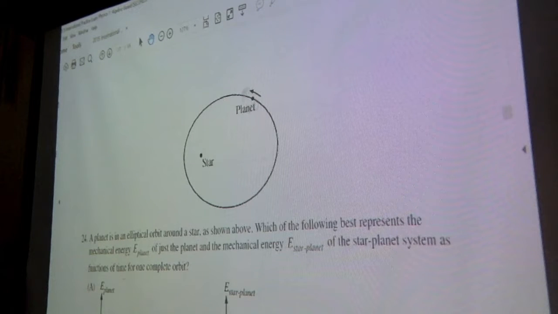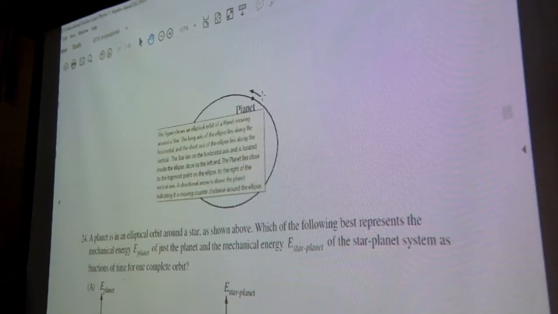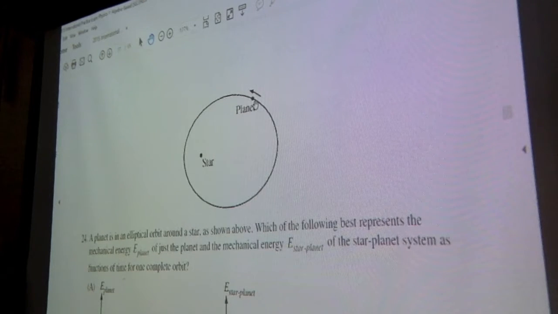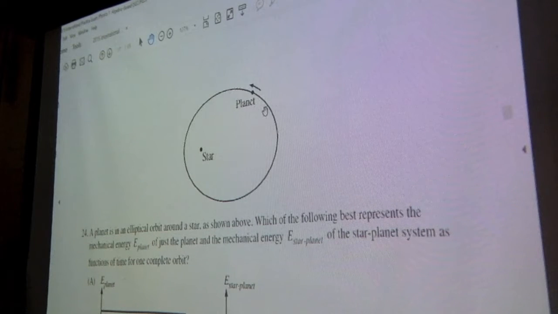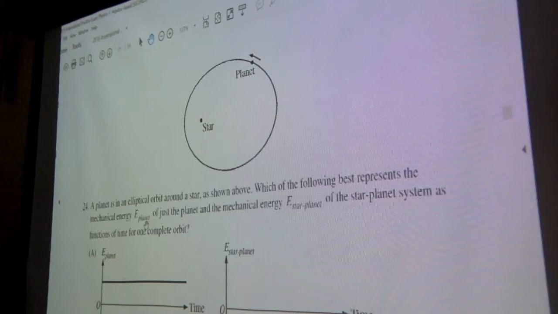Now, that being said, this planet has a negative potential energy, which is a big amount of negative potential energy, and it has kinetic energy too. The sum of the kinetic and potential energies adds up to a negative quantity. Now, keeping that in mind, let's read this.